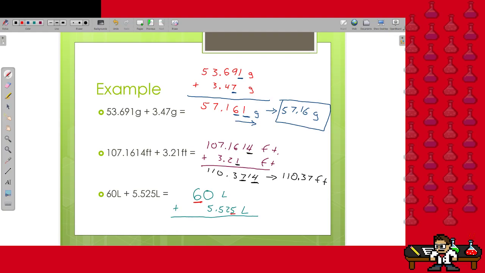And our estimation in the second number here happened at the thousands place. Performing the operation, we have 65.525. Carrying down our estimations. Since we rounded in the tens place, it doesn't matter that we rounded in the thousands place. So we're rounding everything that comes after the tens place. 5 is going to round up, which makes this answer 70 liters.